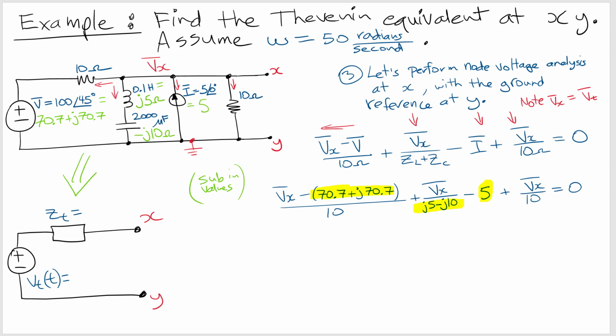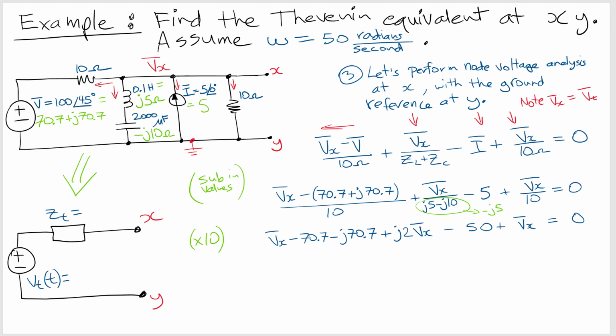And our variable is Vx, okay? So then, if we multiply by 10 to simplify, we get the expression here, Vx minus 70.7 minus j70.7, and then plus 2jVx.